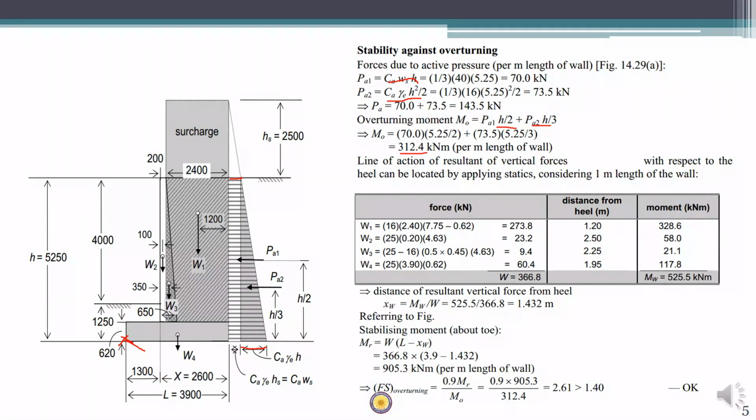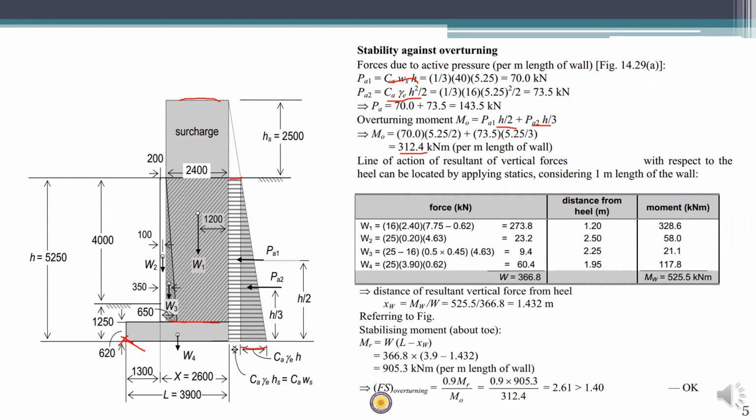Now in order to stabilize this, we have a restoring moment caused by all the weight about the toe. So what we're going to do is we are going to divide the weights into different portions: W1, W2, W3 and W4. So we'll take W1 as the total height of the soil starting from the surcharge top until the top of the bottom slab.